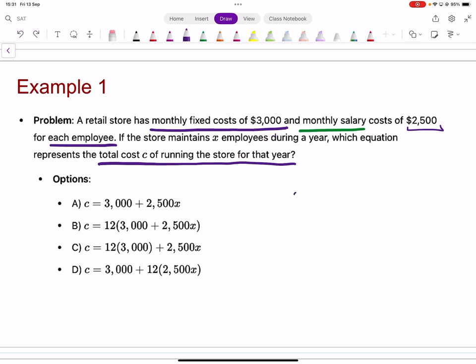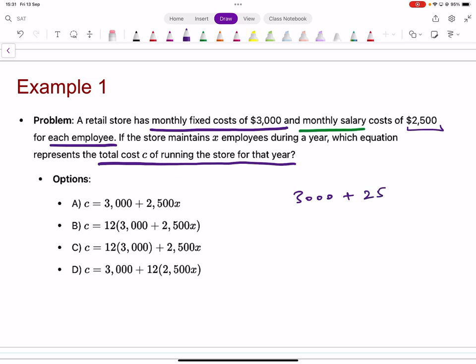3,000 is a fixed number that is always going to be there. So generally, whenever you have a fixed cost, that comes as a constant in an equation, right? And then, what's the variable cost? That's $2,500 per employee. This is going to be the rate at which the cost is increasing.